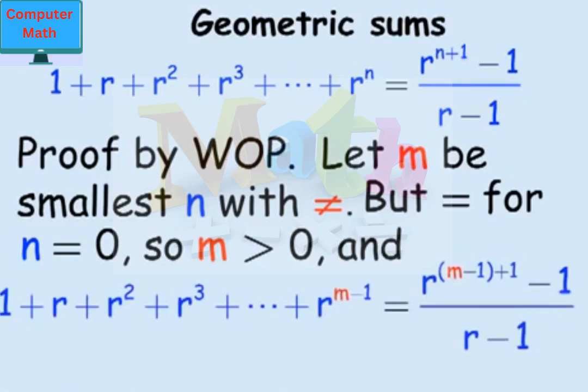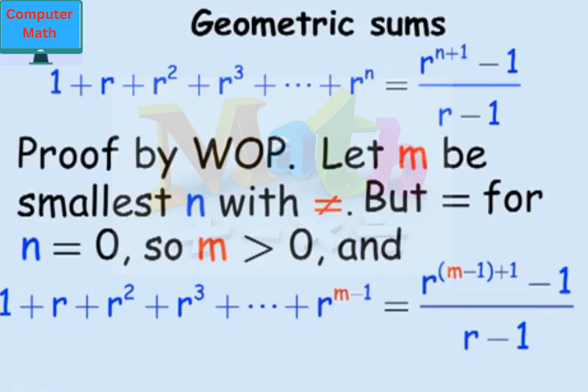So what we know about the least number where this equality fails is that it's positive, and that means in particular, since it's the least one where it fails, if you go down 1 to m minus 1, the equality holds. So we can assume that the sum of the first m powers of r, starting at r to the 0 and ending at r to the m minus 1, is equal to the formula where you plug in m minus 1 for n.